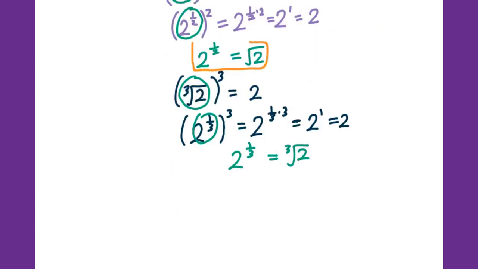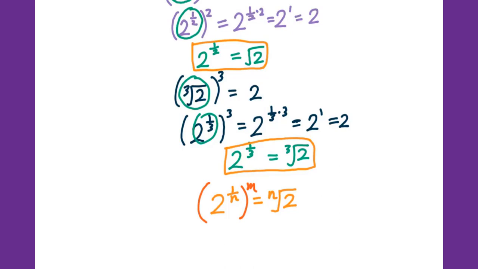According to this and this, we can get the general form: 2 to the 1/nth power is the nth root of 2. Now, I want to do the m-th power on both sides. So you get 2 to the m/nth power equals the nth root of 2 to the m-th power. Now, I will change this 2 to x.